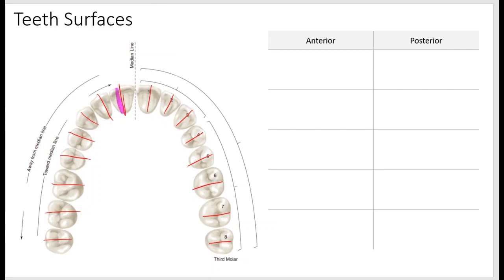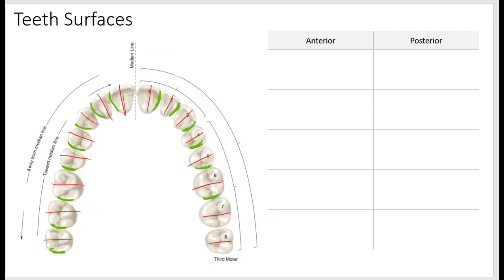So this is the distal. Let me be more specific here. This is the distal, and that's the distal. See the edge of the tooth, that surface is the distal. And here on the other side, now we flip our hand technically, and this is the distal.